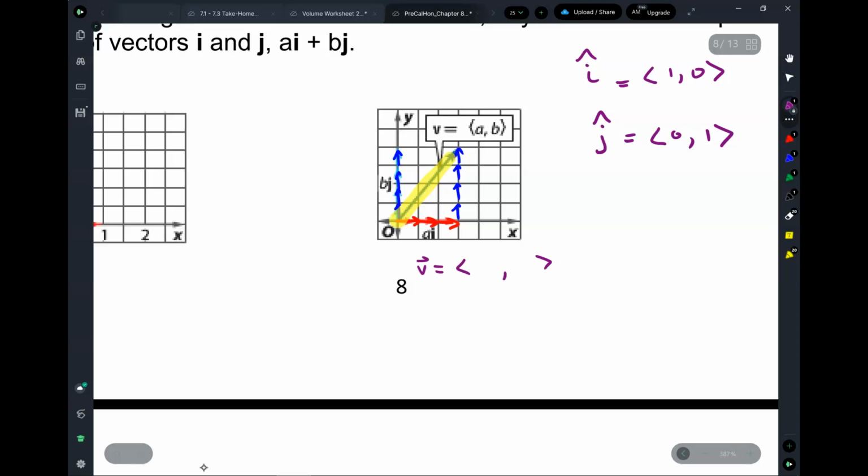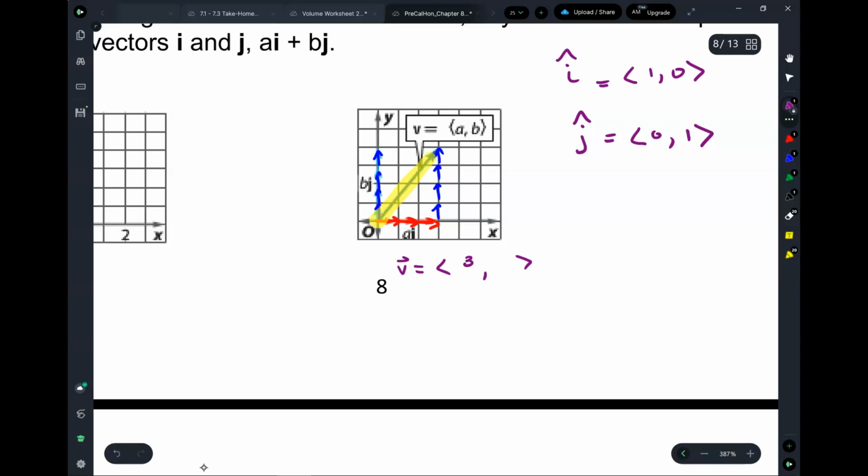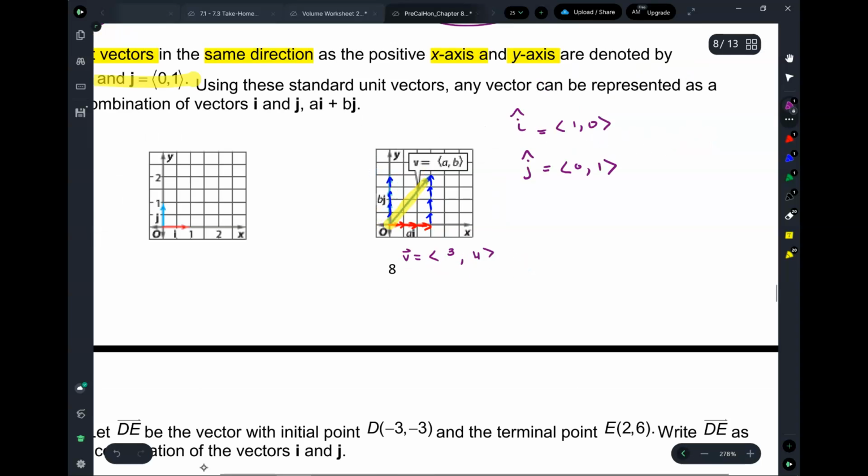It's what comma what? 3 comma 4, right? 3 comma 4.